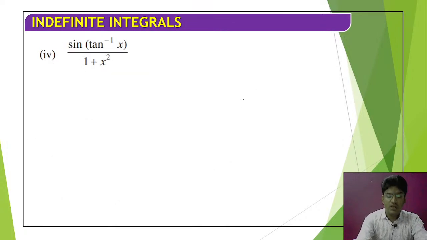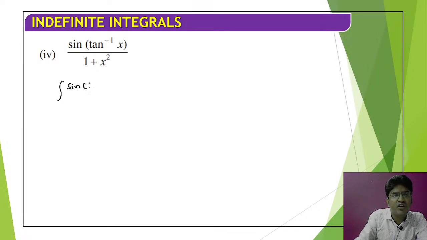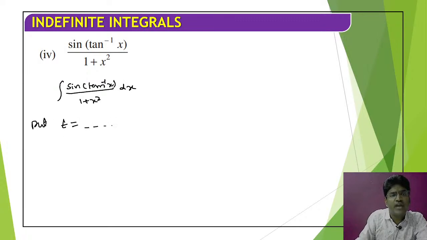Now, this is the fourth problem. So quickly tell me, all of you, what I have to write for t. In the integration of sine of tan inverse x divided by 1 plus x square with respect to dx, put t equal to dash.